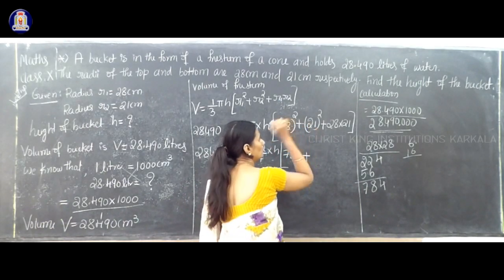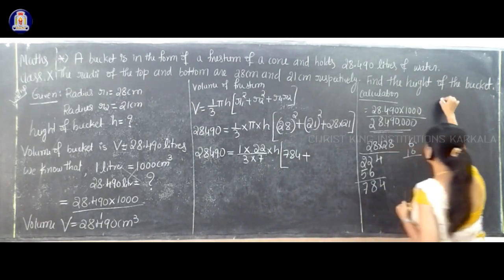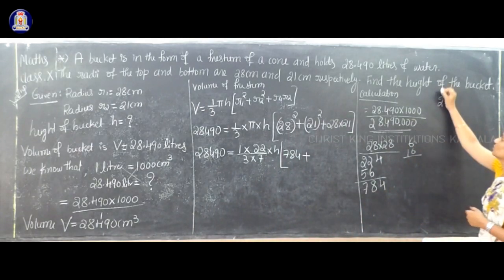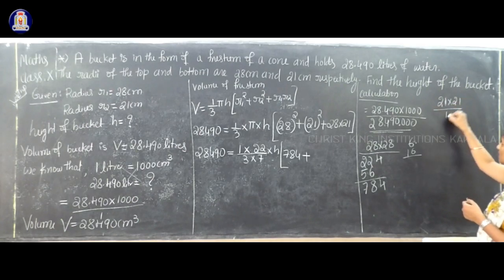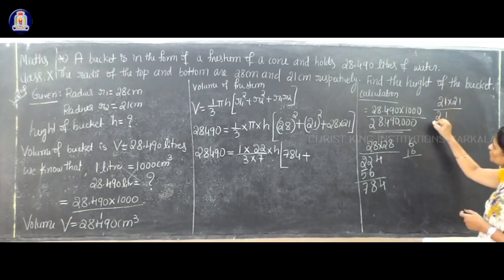So 28 square is 784, plus 21 square. You know this one, right? 441. 21 into 21: 1 1 is 1, 1 2 is 2, 2 1 is 2, 2 2 is 4.